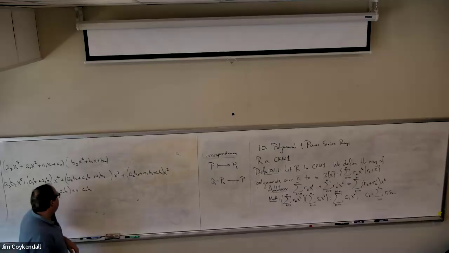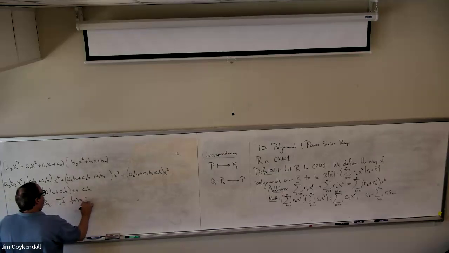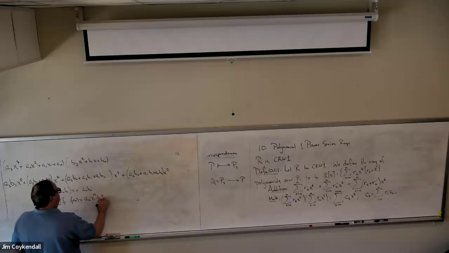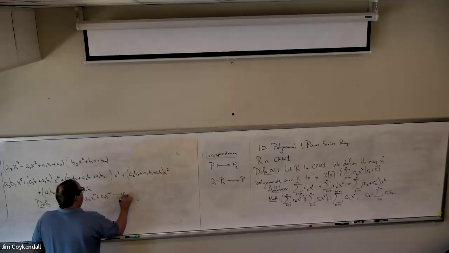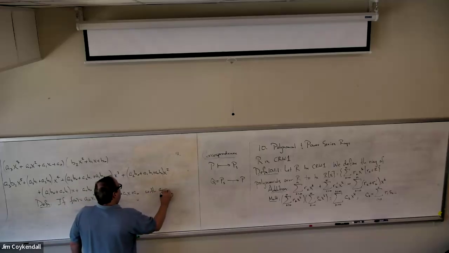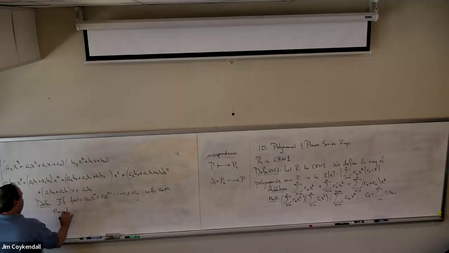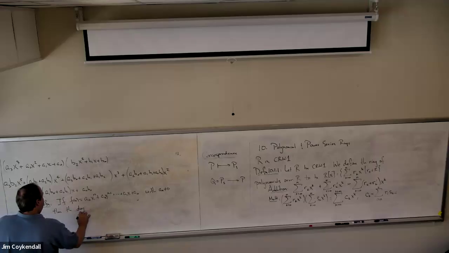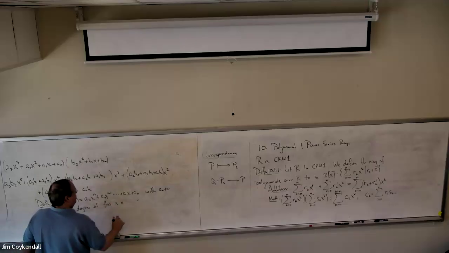I've tossed around the word degree, so let me be careful about it. Definition. If f of x is a_n x^n plus a_(n minus 1) x^(n minus 1) plus and so on plus a1 x plus a0, with a_n not 0, then the degree of f of x is n.